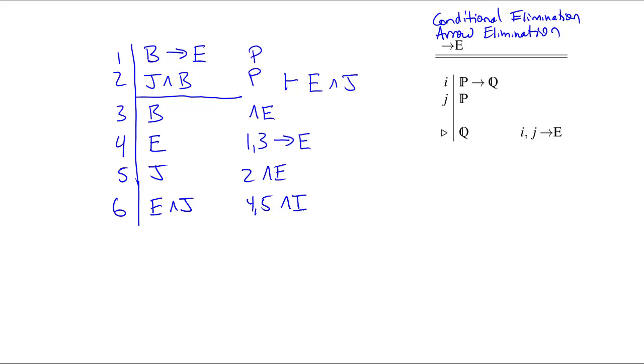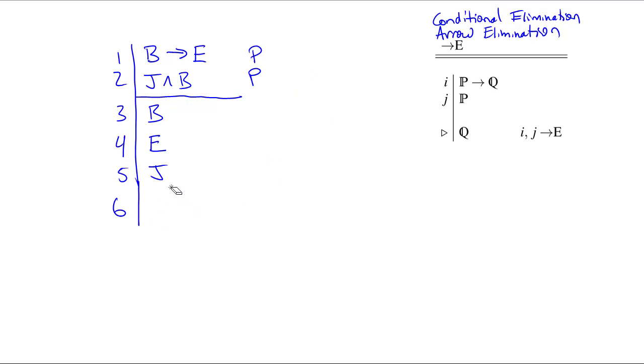Now let's look at a couple variations here. I'm going to take away the goal because we're just going to play around with possibilities here. Let's suppose I change line 2 so that it no longer contains the B. Well, in this case, there's no way to get that E out, because we need something matching this exactly, and it just isn't there.